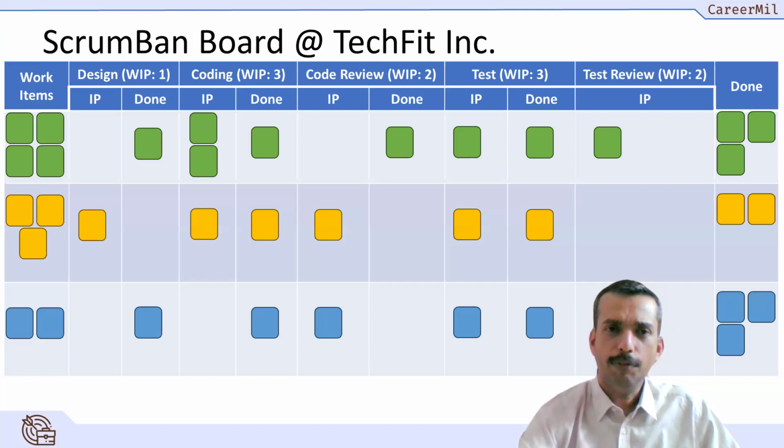Each of these workflow stages has in progress and done columns. Makes sense, right? Here you have three different rows. These are called swim lanes. Typically, the top row is the one with the highest priority.